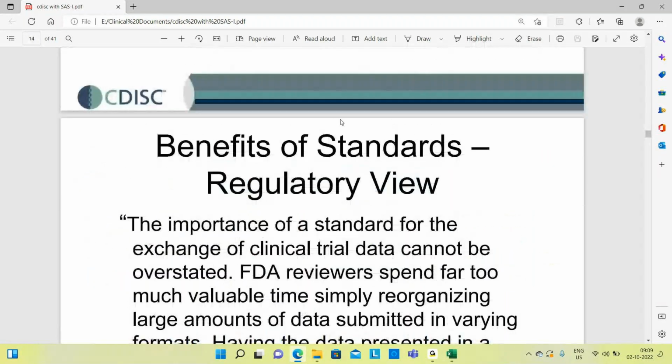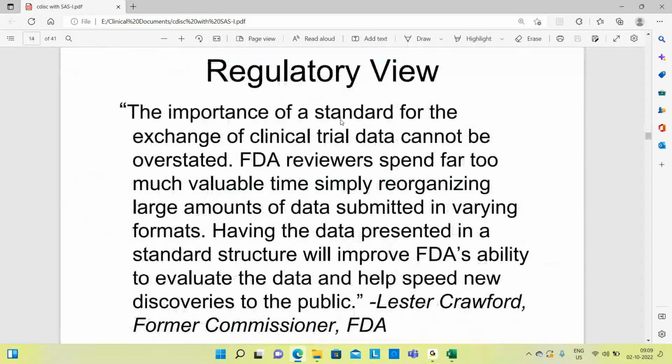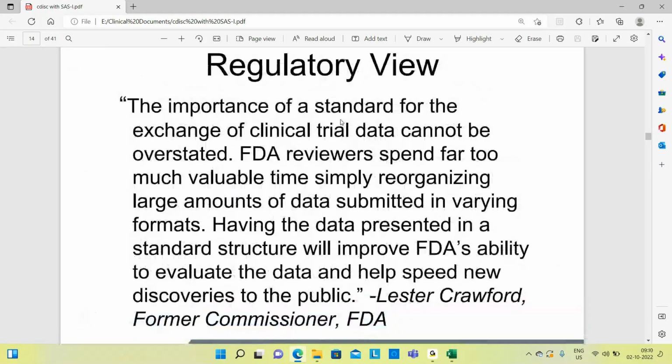Okay, you can see, I want everyone to read this. This is all just a global view from a regulatory perspective. Why are standards important? You can read this.